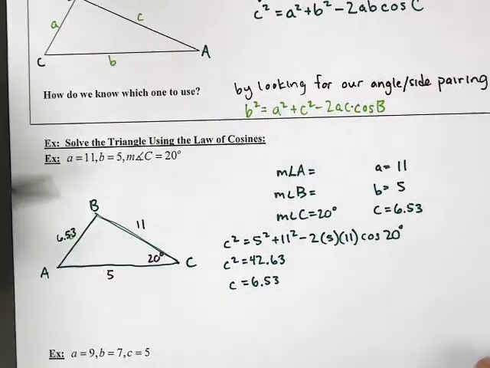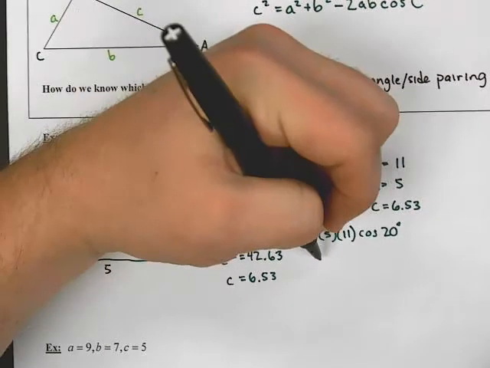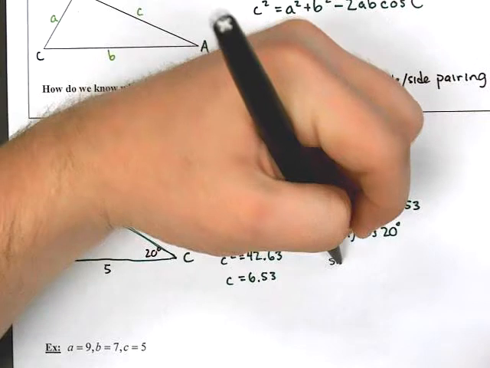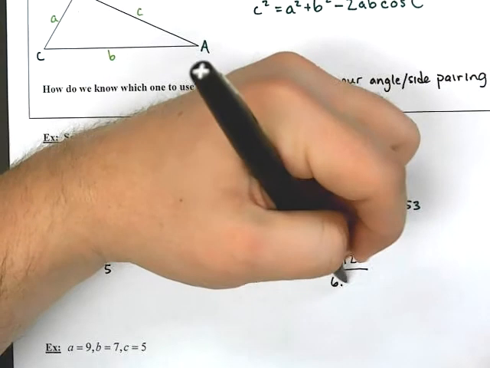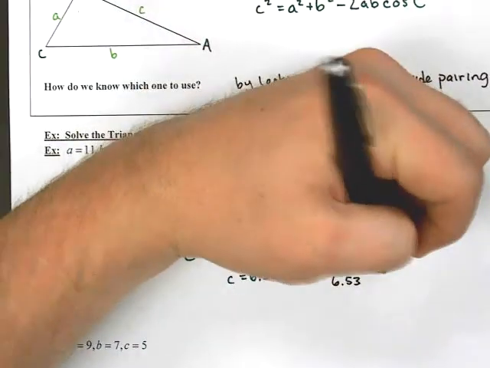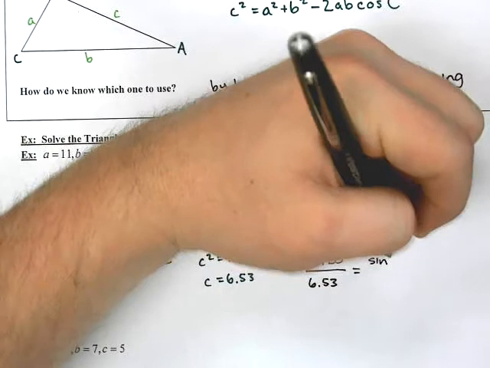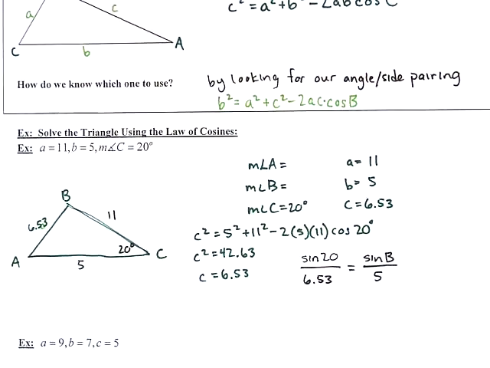So now, again, I can use the law of sines. I can say that sine of 20 over 6.53, but remember, we're not going to use 6.53, we're going to use C, equals sine of B over 5. And now I can cross multiply.